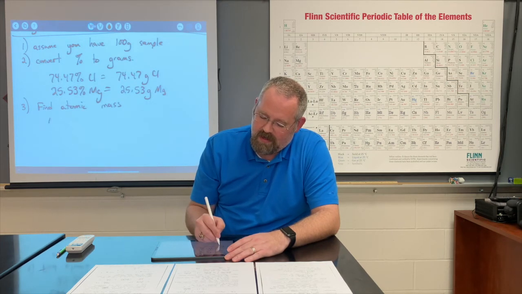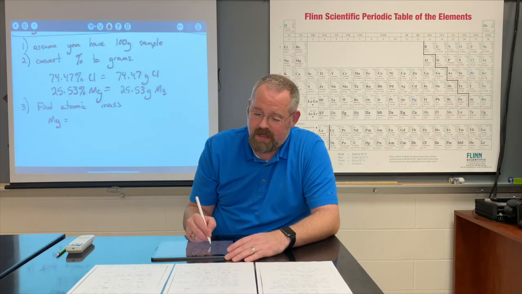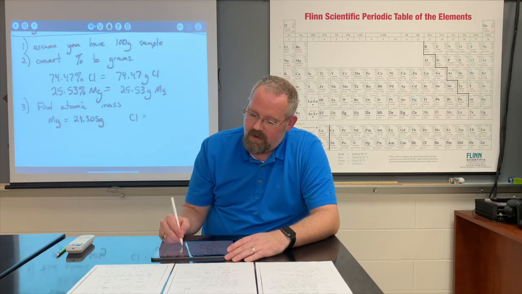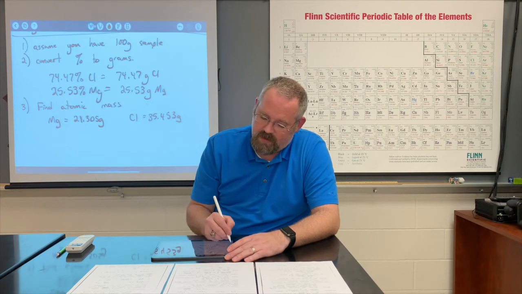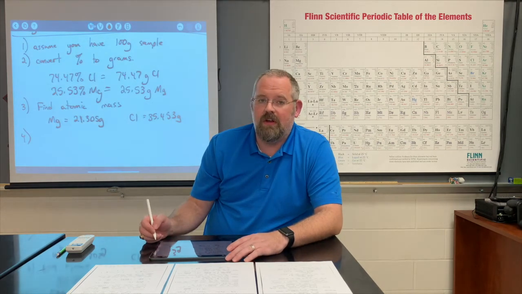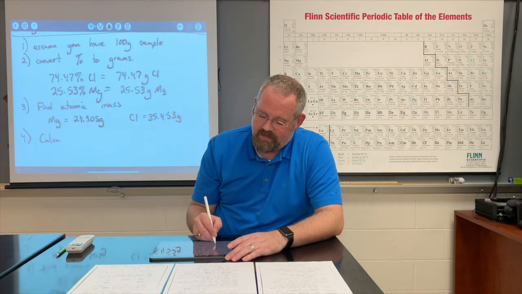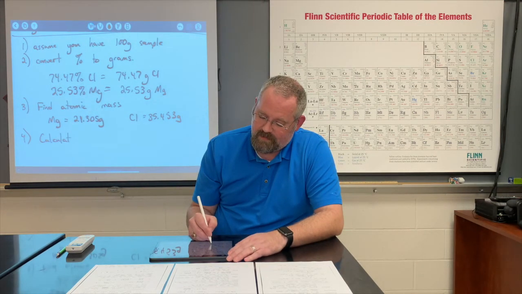Magnesium on the periodic table weighs 24.305 grams. Chlorine on the periodic table weighs 35.453 grams. Okay, next thing, this is where we're going to make our own ratios. Calculate each ratio.